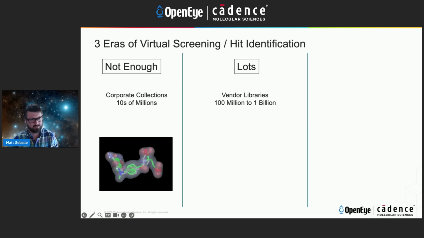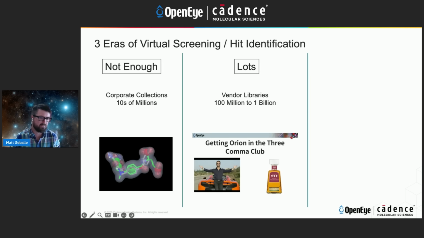So in order to search hundreds of millions or billions, we took our ROCS technology, or our FastROCS technology, which is an implementation of ROCS on GPUs, and we moved it to the cloud. And so 10 years ago, I was going around giving talks about getting Orion into the 3 Comma Club, which was a joke based on the show Silicon Valley, which was on cable at the time.